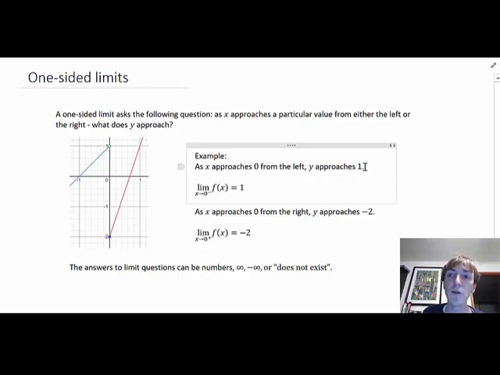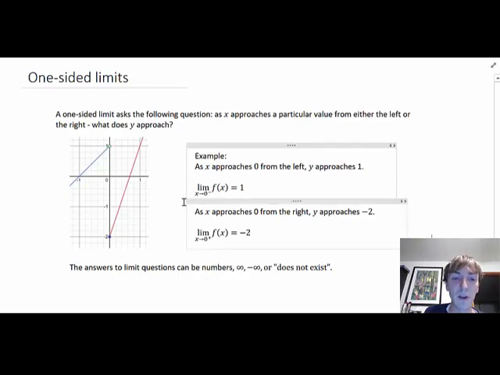Now we have notation for limits that is more compact than writing out this full sentence. And here is this notation here. So this is the notation for a limit of a function, in this case f of x. Let's suppose that this graph is f of x. As x approaches a value from one side.